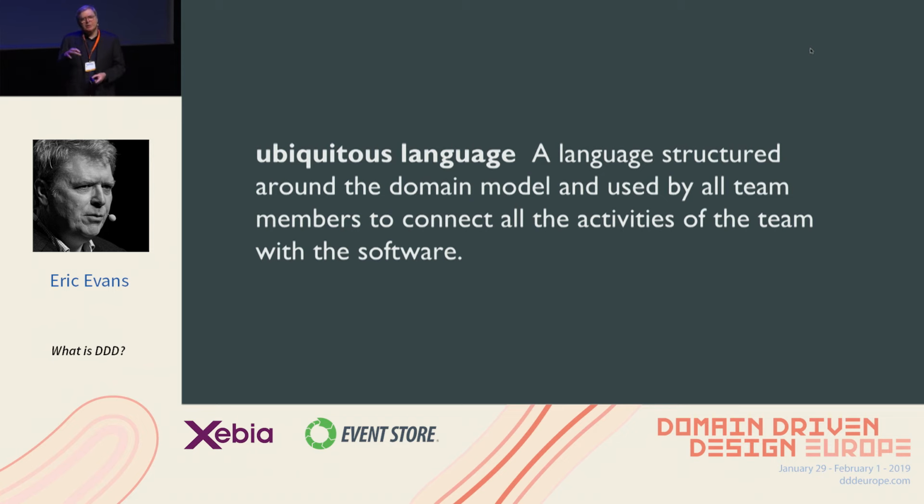And the ubiquitous language is one of those fundamentals of domain-driven design. You can see throughout the whole example that I've emphasized language, looking at how we talk about the problem as being fundamental to finding a good solution. So ubiquitous language is one of those three or four concepts.